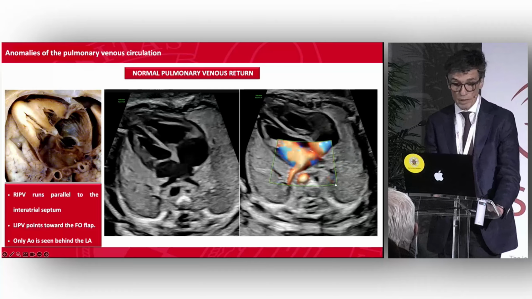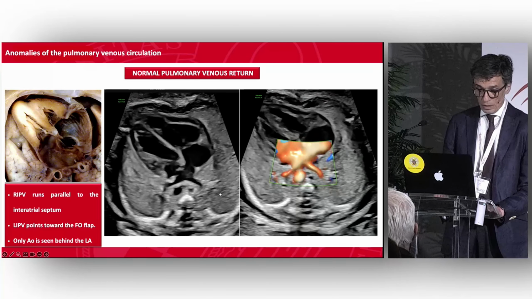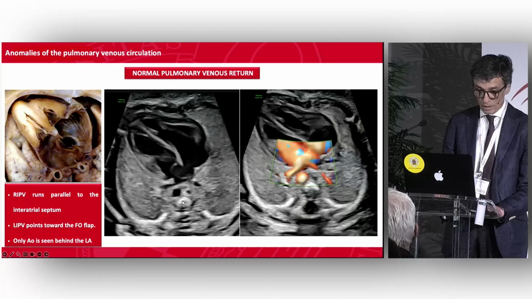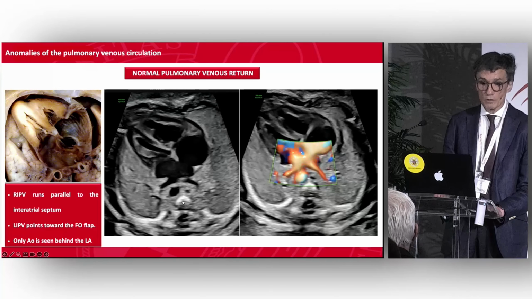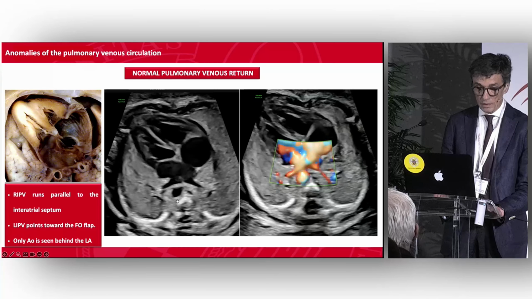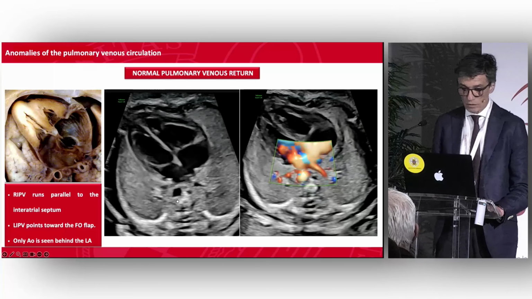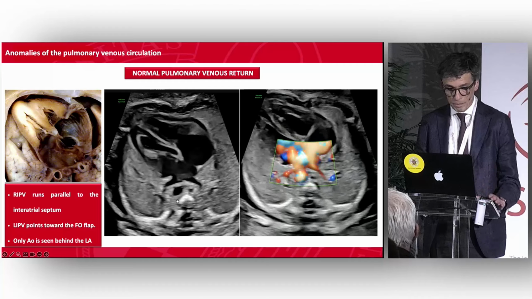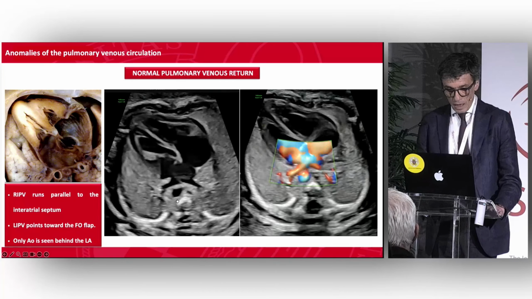And as has already been said today, the only vascular structure that can be seen in a normal situation behind the left atrium is the aorta. Any other vessels seen behind the left atrium must be considered abnormal. And this is an important point.